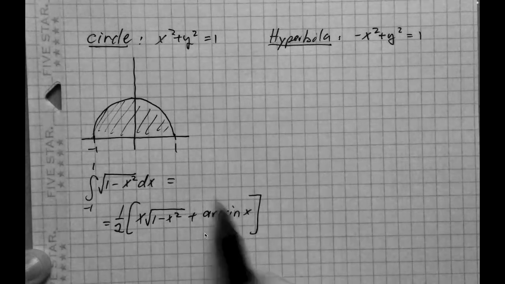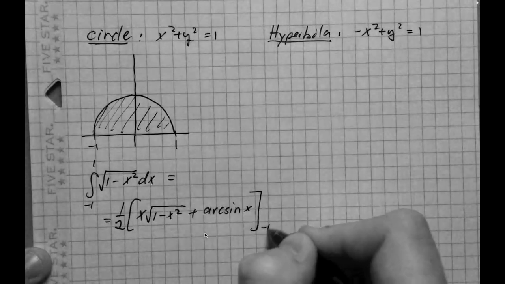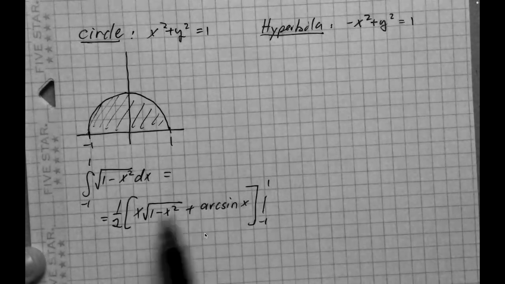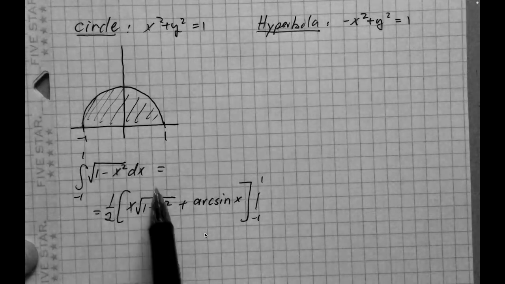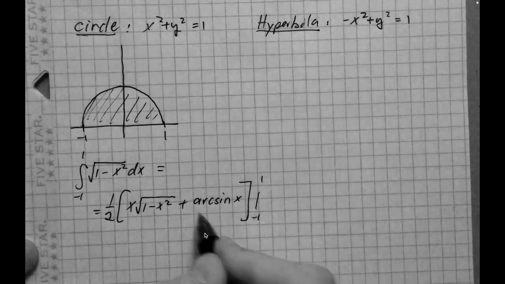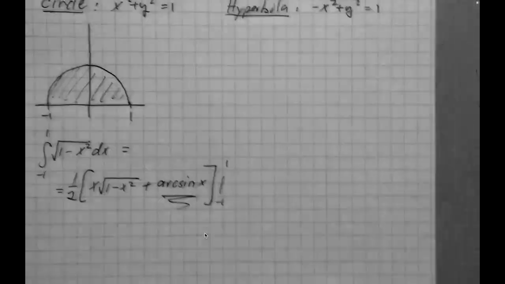So the inverse sine is in here. This is basically the form of the antiderivative of the square root of 1 minus x squared, and you can see that it's got this arc sine in it.